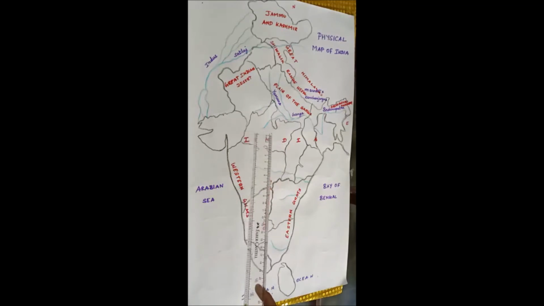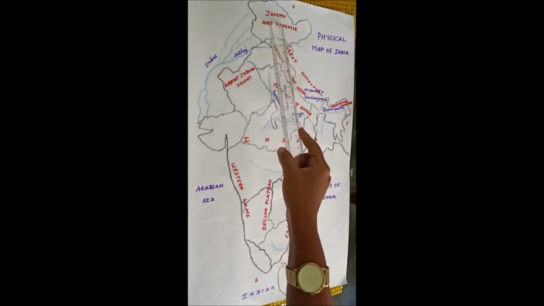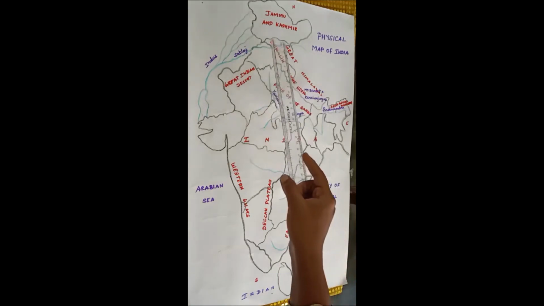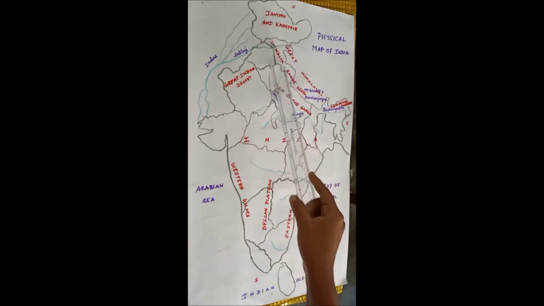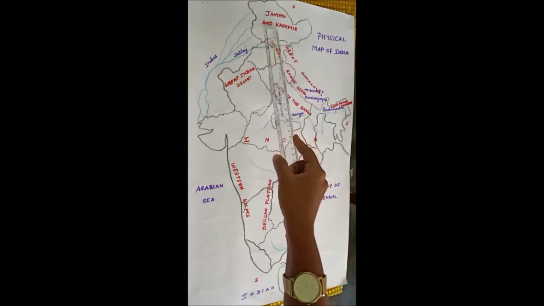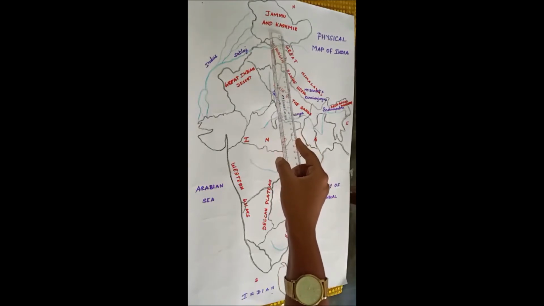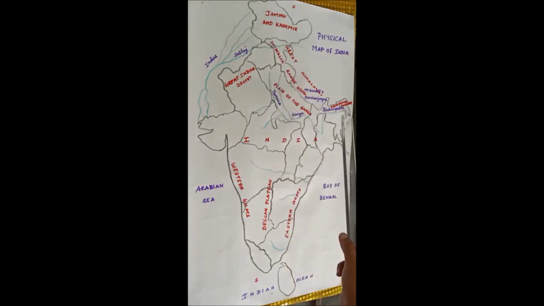What I said in this, India is bordered on the north side, which is fully Himalayas, and it stretches from Jammu and Kashmir in the north to Arunachal Pradesh in the east, isn't it?